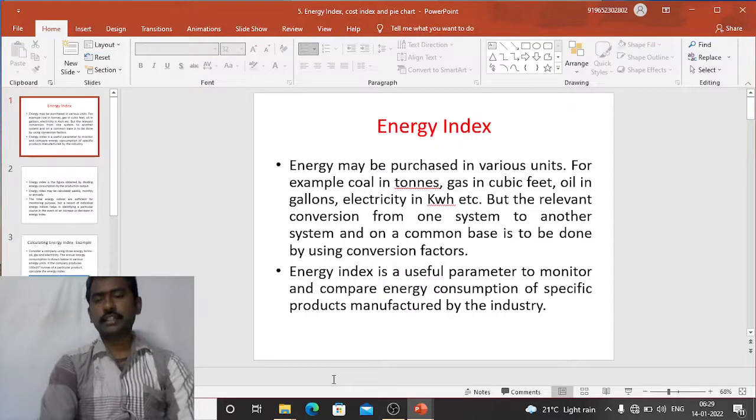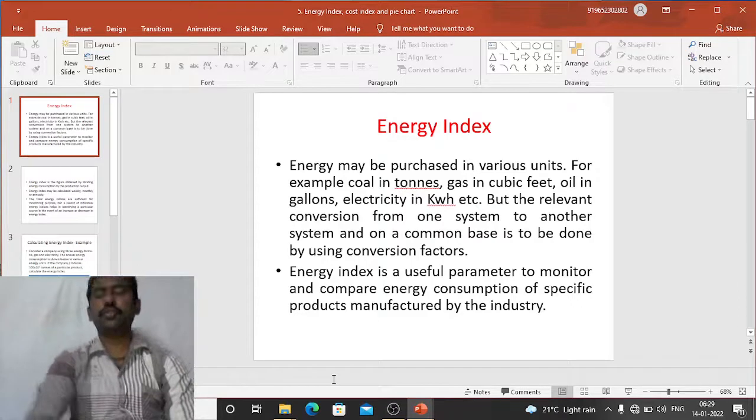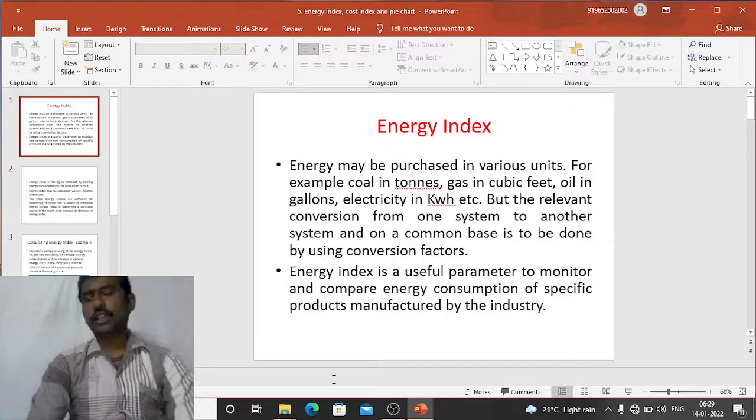So what is meant by energy index? Before going to the energy index, let us see some lines regarding energy. Energy may be purchased in various units.